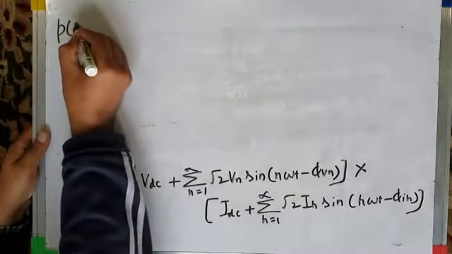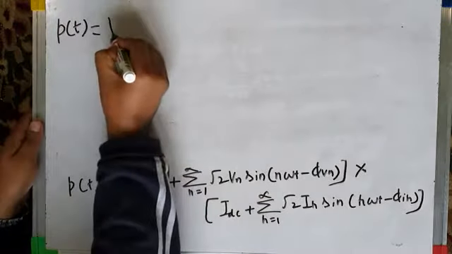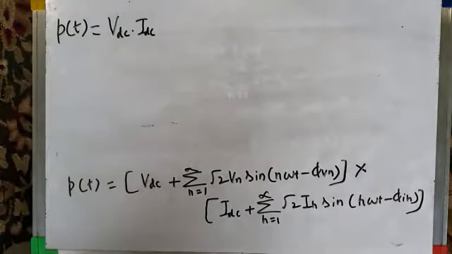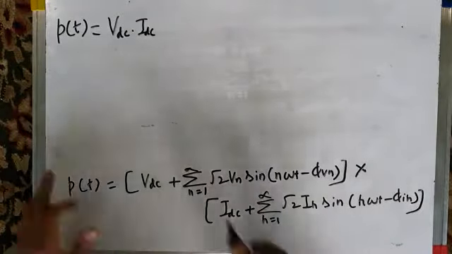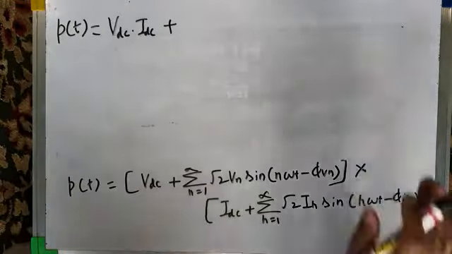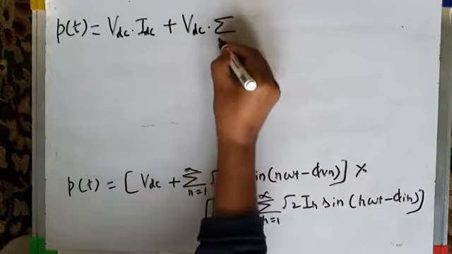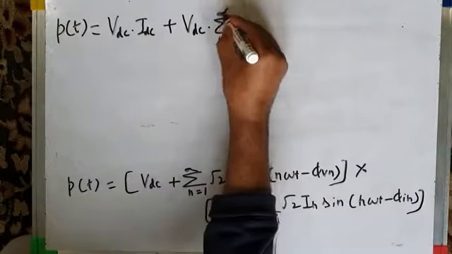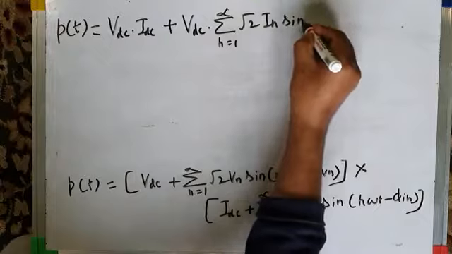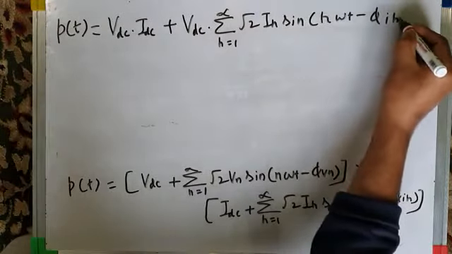Therefore instantaneous power is given by, what is VDC into IDC? I will write here VDC into IDC. That is power due to the DC offset in voltage and current, plus the product of voltage and current, that is VDC into the current, summation h = 1 to infinity of root 2 Ih sin(h omega t minus phi Ih).